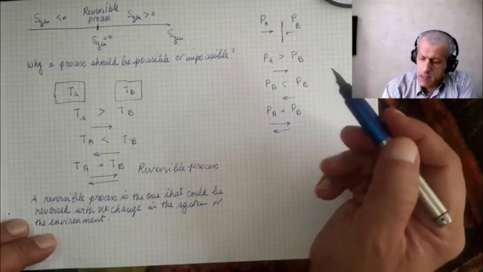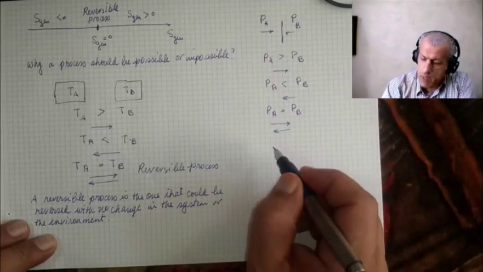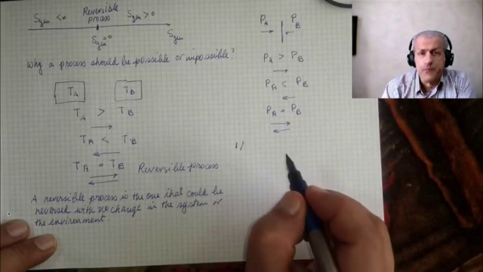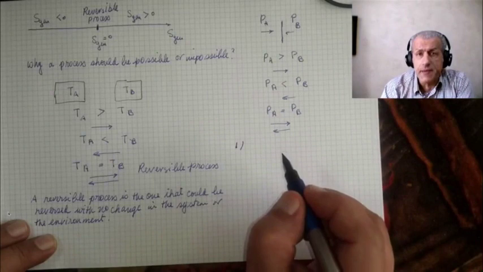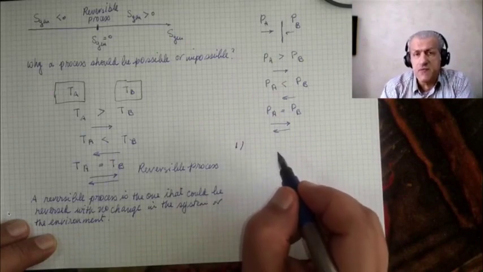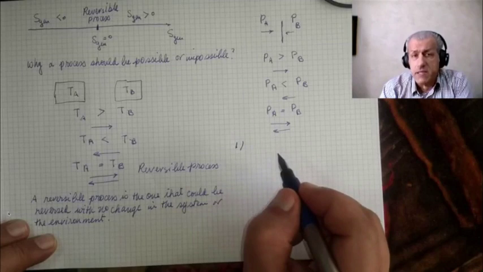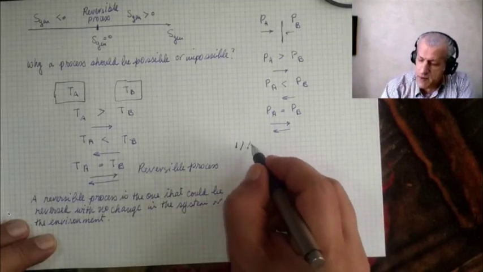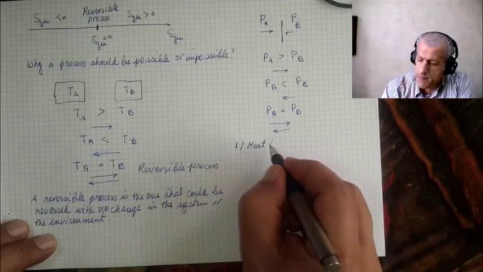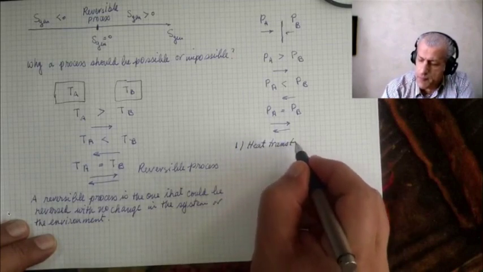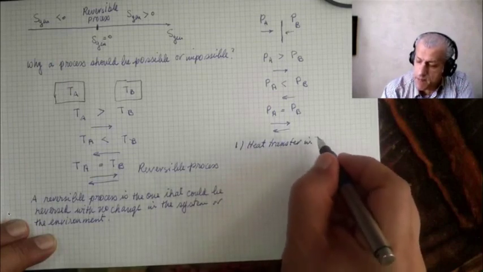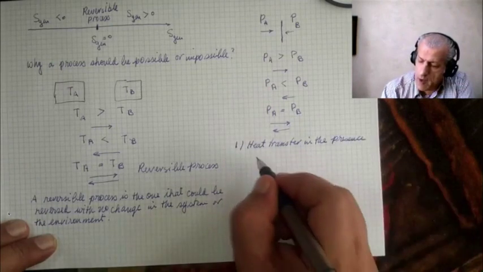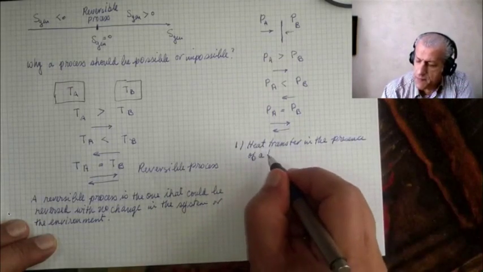What else could be? So we have already known two incentives which make a process possible or irreversible. One is heat transfer in the presence of a temperature difference.